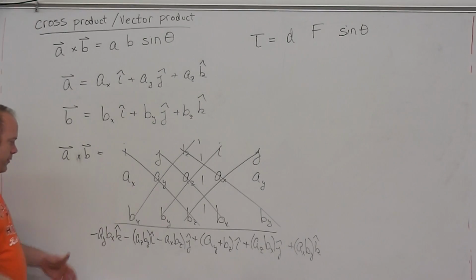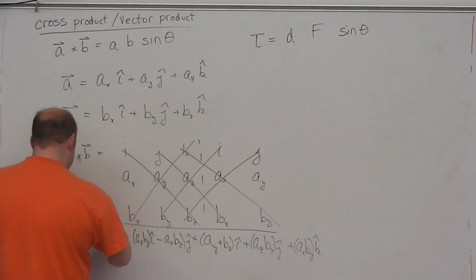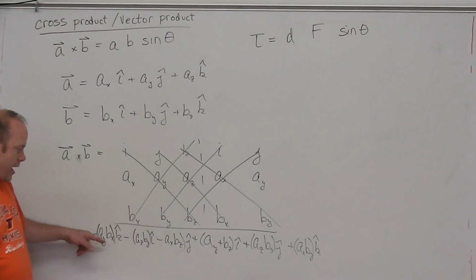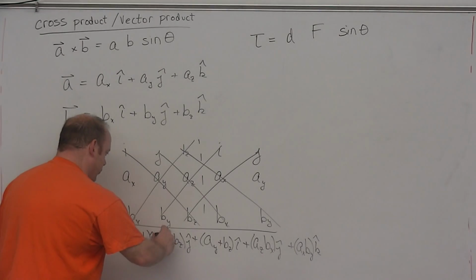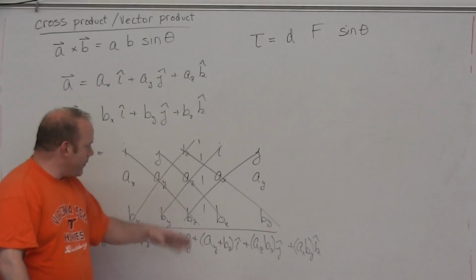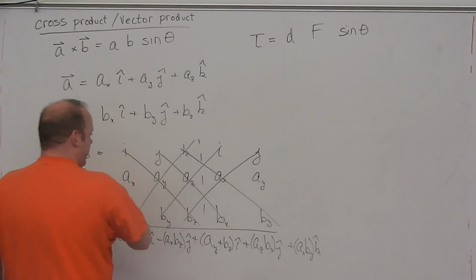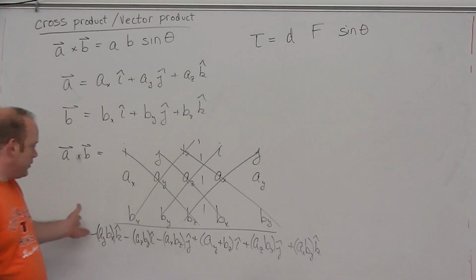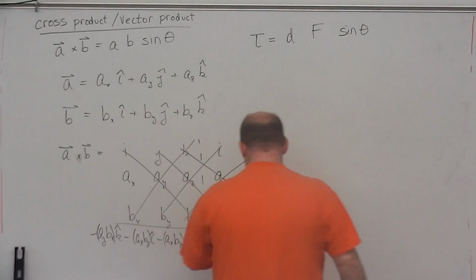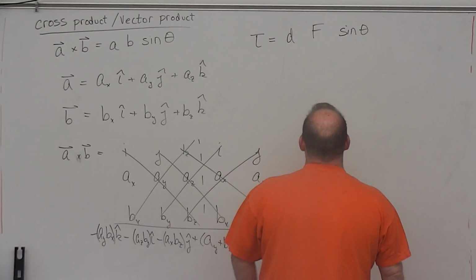And the reason why I don't do all the memorized ways of doing this, I always forget which way goes which and everything like that. I can remember that I go like this, and they're all positive, and I go like this, and they're all negative. That's easy. So when you add all this together, general form, I guess I'll give it to you.